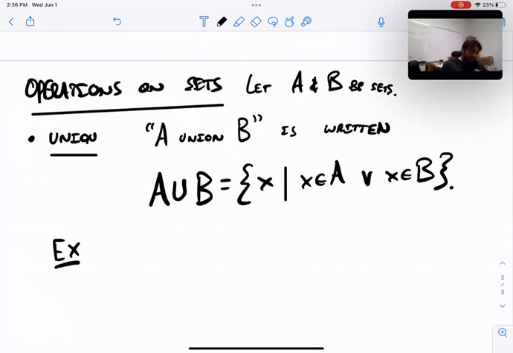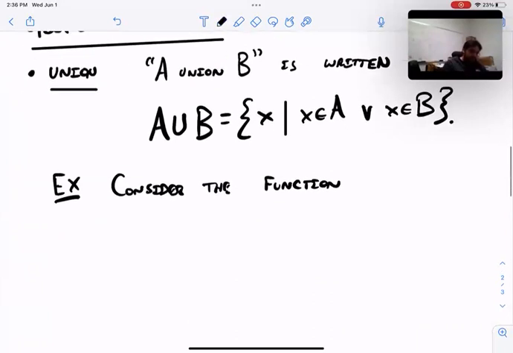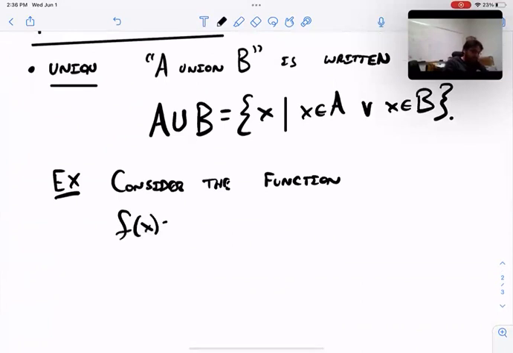So for example, if you write the function, let's say square root of x squared minus 4, right?